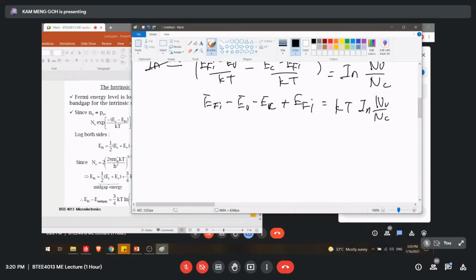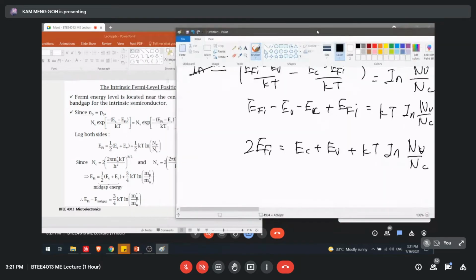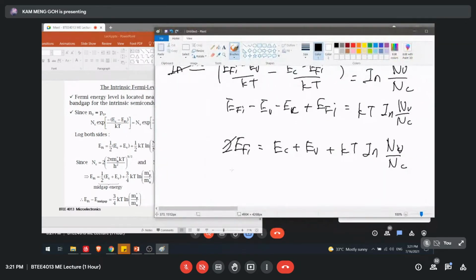And then this thing, there are two EFI there. Two EFI equals EC plus EV plus kT ln NV over NC. And then I divide everything by 2. EFI equals EC plus EV over 2 plus kT over 2 ln NV over NC.